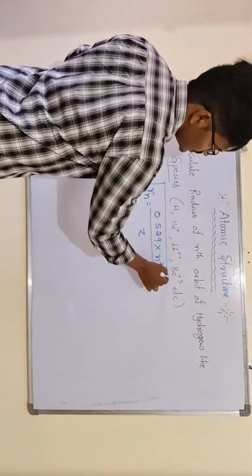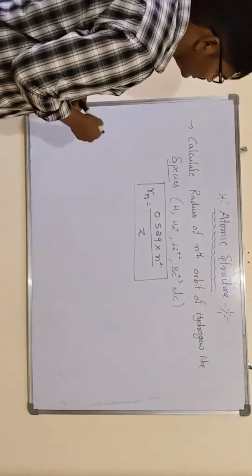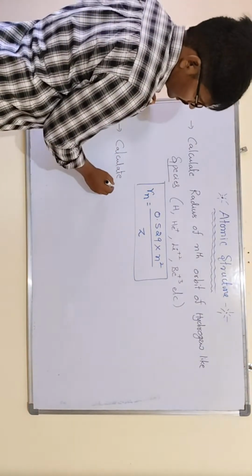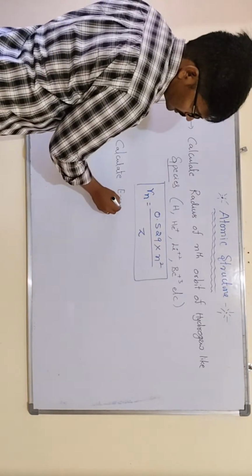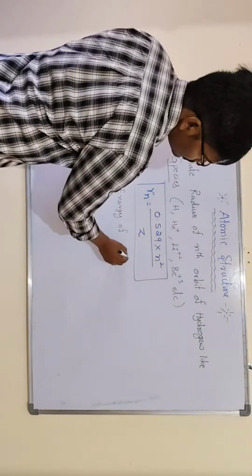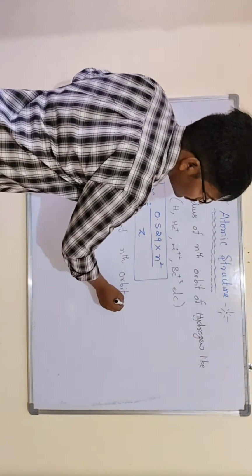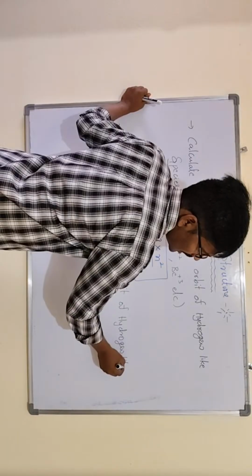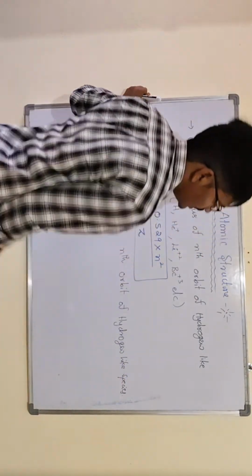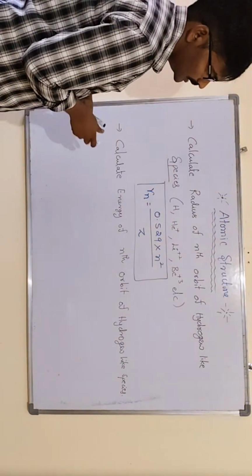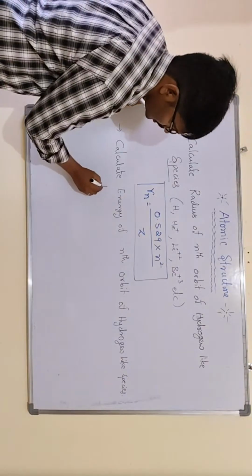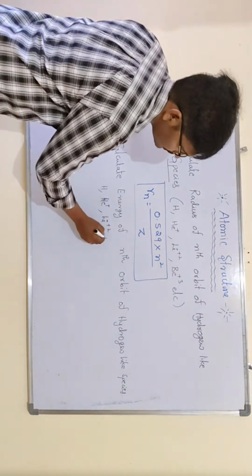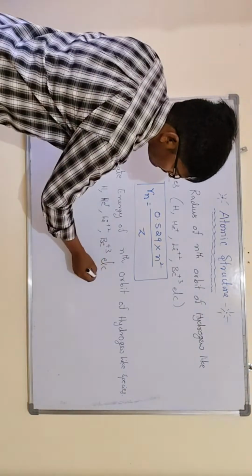Then calculate the energy of the nth orbit of hydrogen like species, which are hydrogen, helium plus, lithium plus 2, beryllium plus 3, such types of atoms.